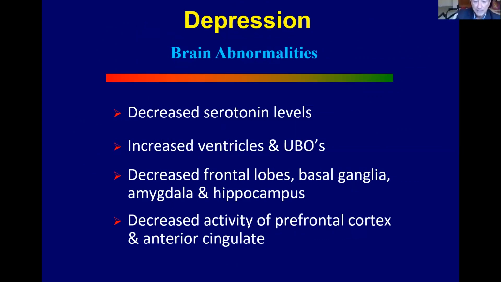Decreased frontal lobes, basal ganglia, amygdala, and hippocampus. Decreased activity of the prefrontal cortex and the anterior cingulate. So kind of the opposite of what's seen in the anxiety disorders. But again, part of the limbic system, and these diseases are definitely intimately related to dysfunction of the limbic system.